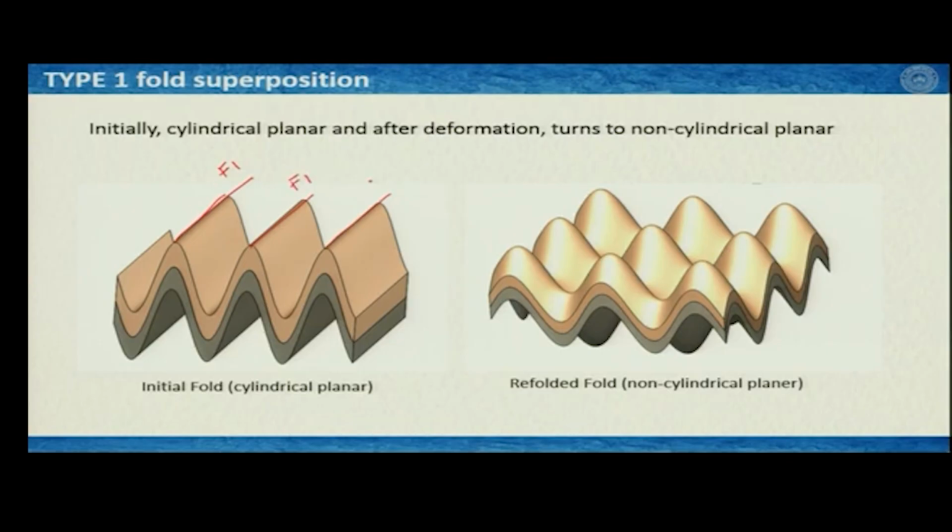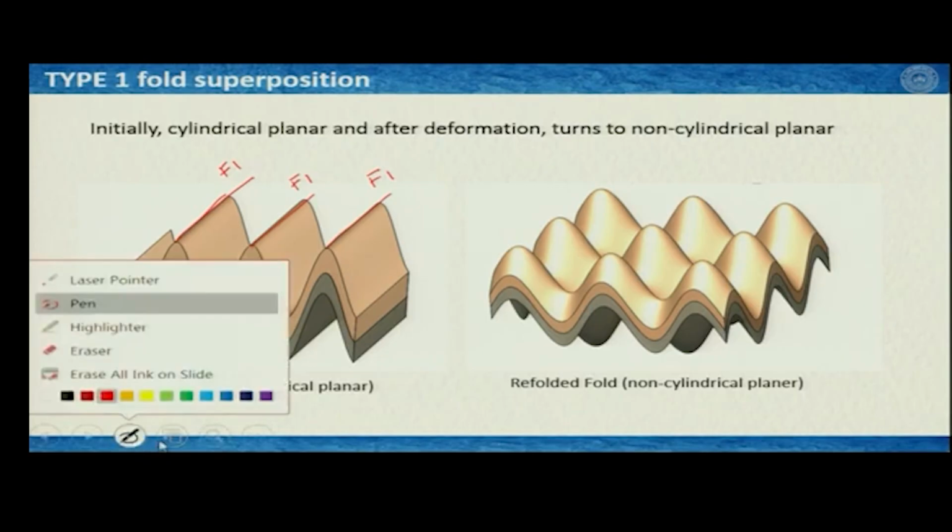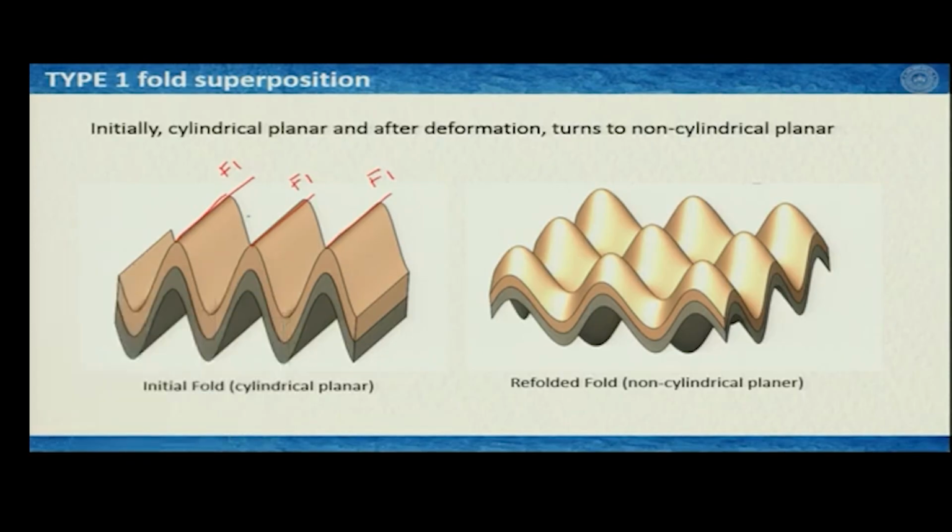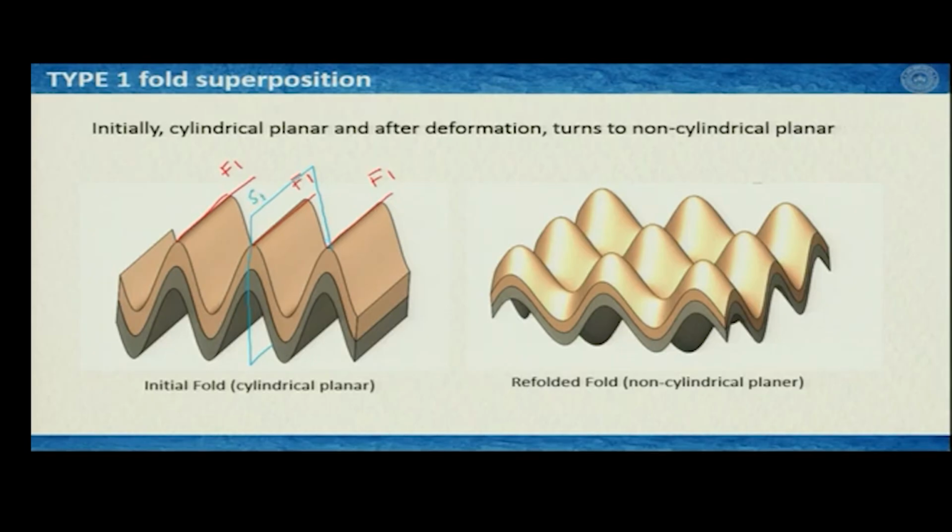So, that means these are the folds of the first generation, fold axis of the first generation, and axial planes, if we draw only one, is like this, and this we assign as S1 because this is something which is being developed on a surface which you can consider as S0.